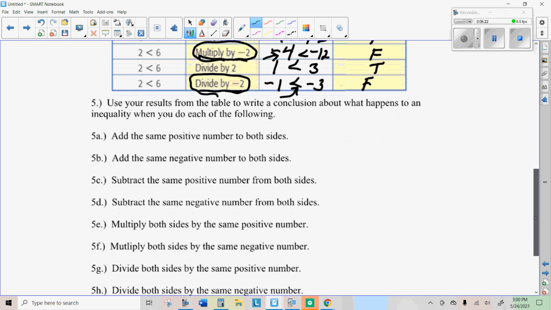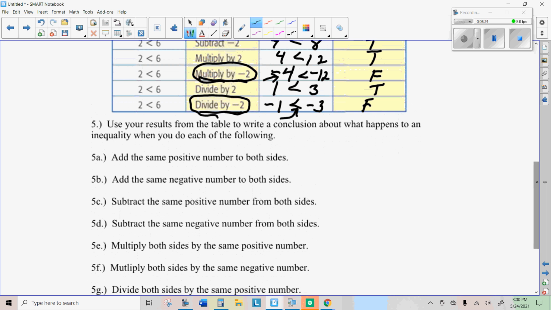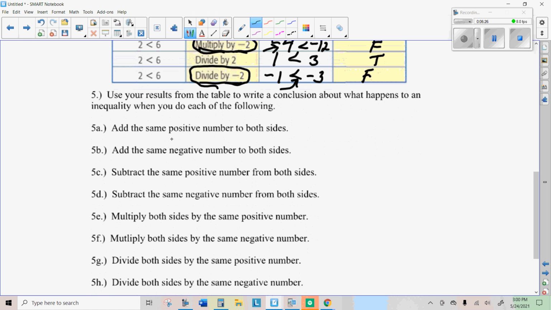So the inequality will stay the same when you add the same positive number to both sides. So the inequality will be the same in order to be true. As you add a negative number to both sides, they will be the same inequality.